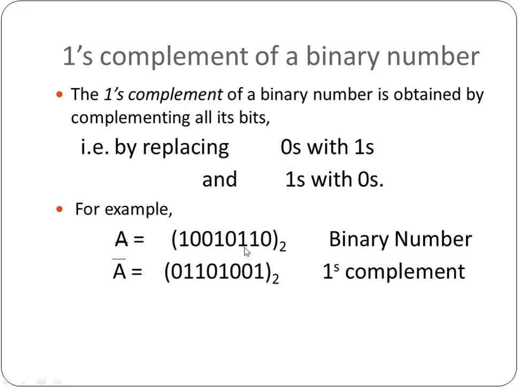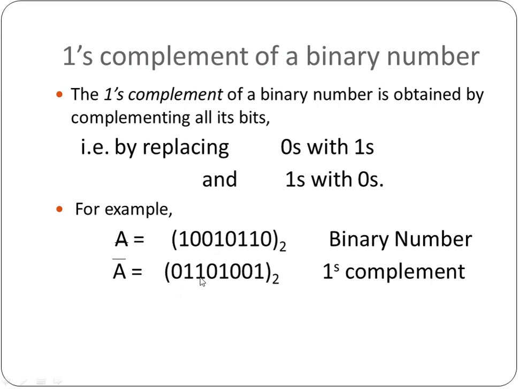For example, suppose this is a binary number 100101110. Now we have to convert it into a ones complement number. Just replace 0 with 1 and 1 with 0. So 1 is replaced with 0, 0 is replaced with 1, 0 is replaced with 1, 1 is replaced with 0, 0 is replaced with 1, 1 is replaced with 0, and so on for all bits.